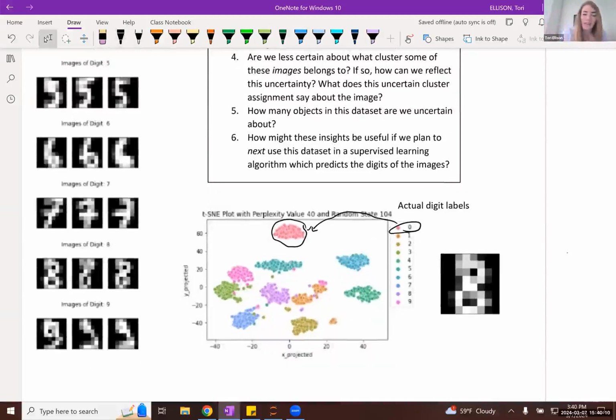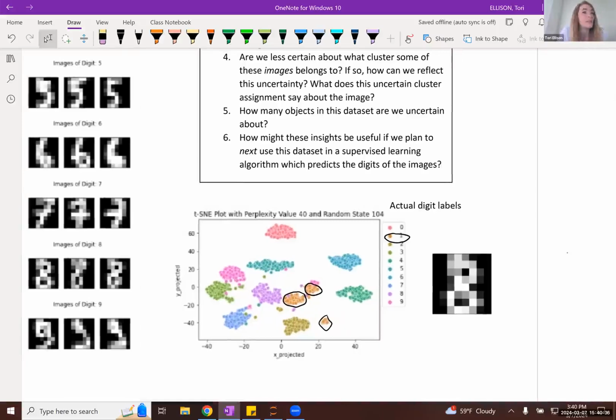On the other hand, it's not a complete one-to-one correspondence between the t-SNE clusters and the digit labels. So, for instance, we are seeing that the one digits actually break down into three subclusters. So we might be interested in exploring, is this evidence to suggest that some people are choosing to write the number one in a variety of different ways? Some people write it like this, some people write it like this, some people write it like this.